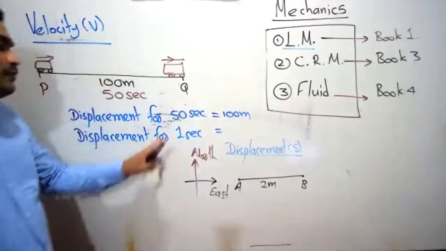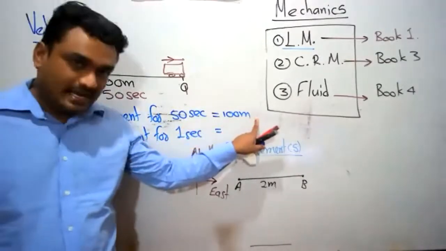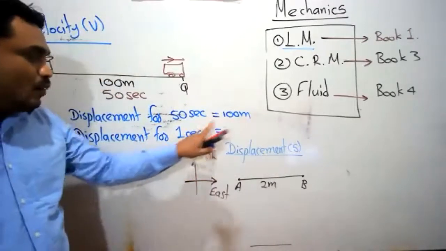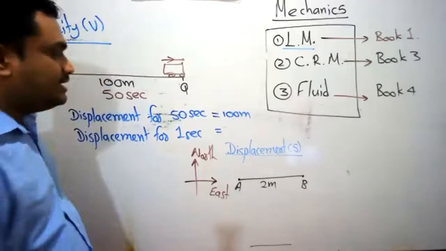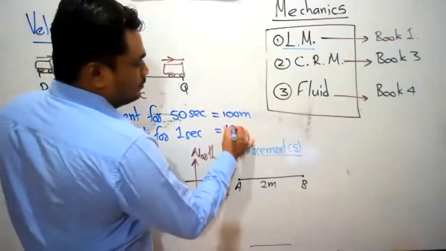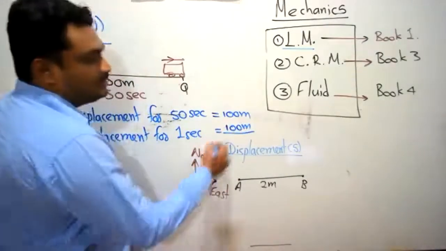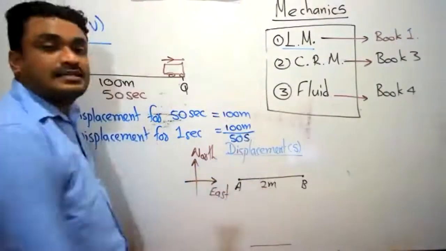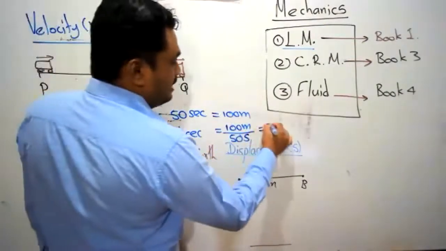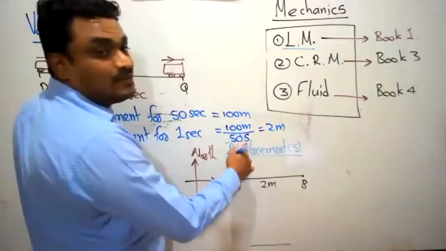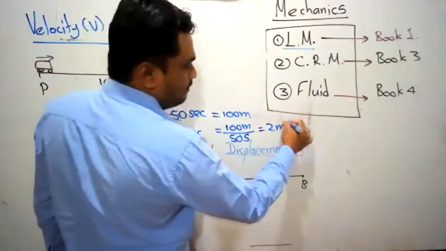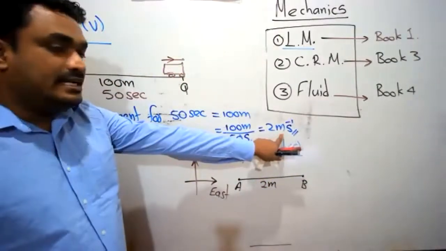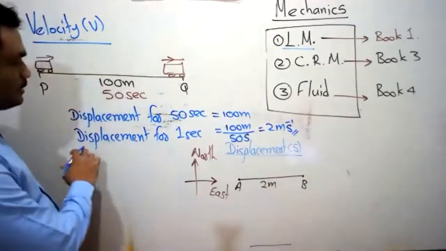If the displacement for 50 seconds is 100 meters, then the displacement for 1 second is 100 meters divided by 50. 100 divided by 50 is 2 meters divided by second. This division by seconds comes up with the minus sign. Therefore, the unit is meter per second.